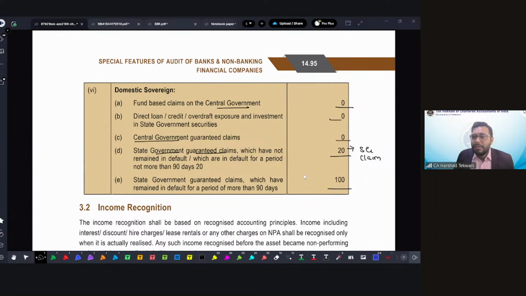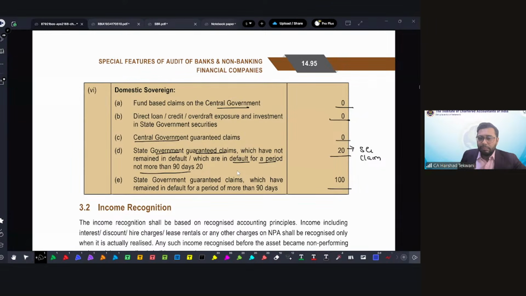Sir, what is meant by the 90 days here for the state government? This is the part where we are talking about default: default for a period of more than 90 days. If it is less than 90 days, there are no issues. So these are claims which have not been defaulted.